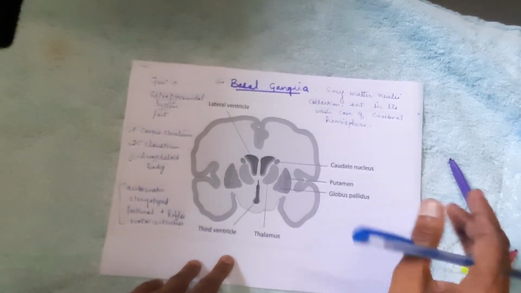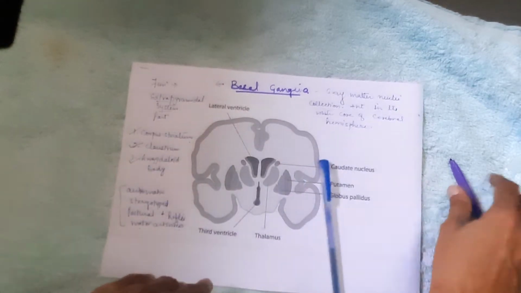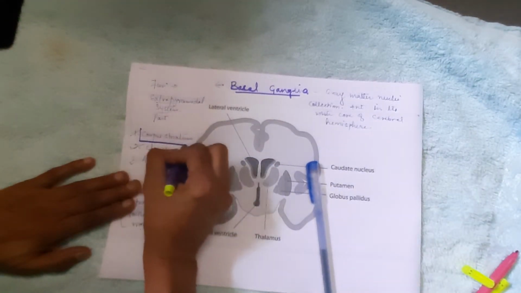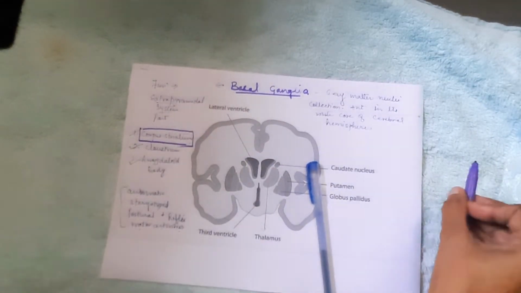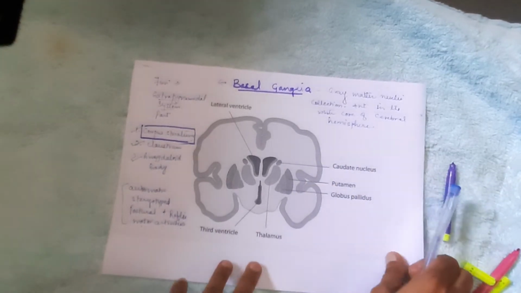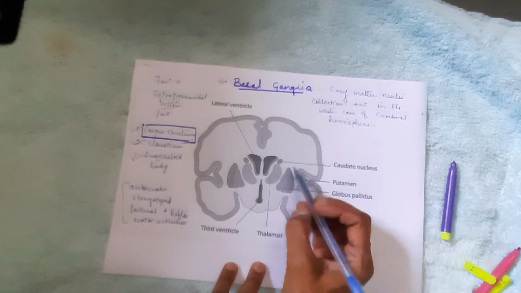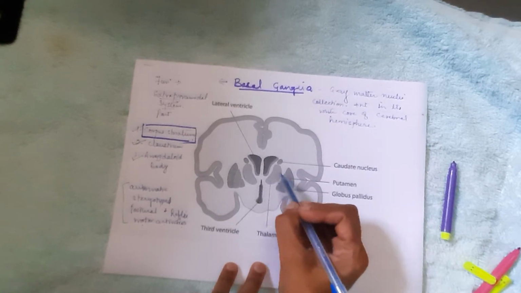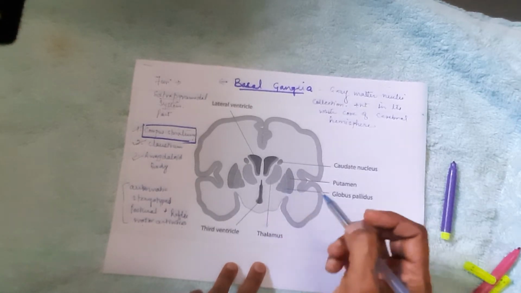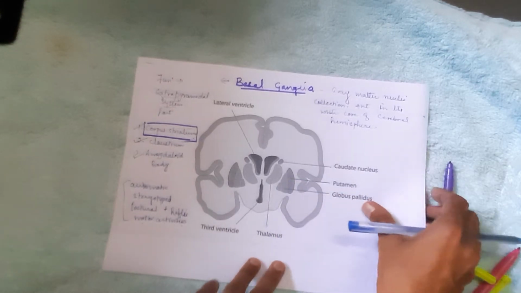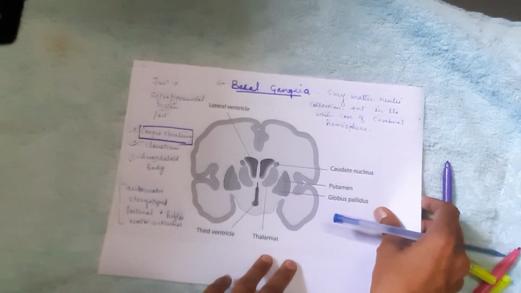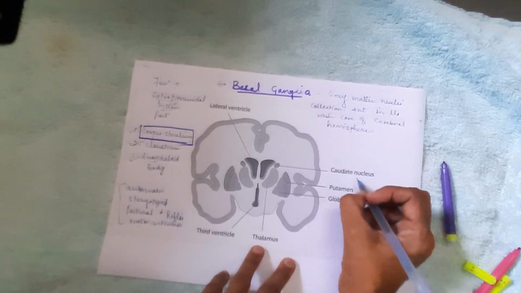So we discuss mainly the corpus striatum. This complete is the corpus striatum. It is situated, as you see here, lateral to the thalamus. Topographically, this corpus striatum is divided into 2 parts.